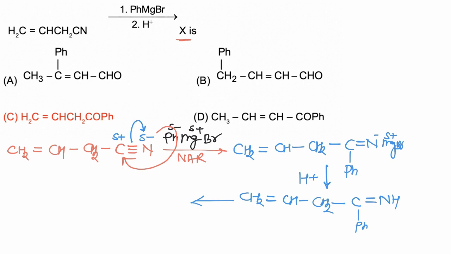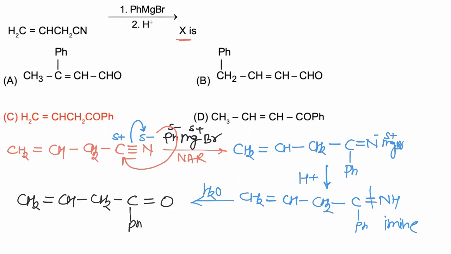Now this molecule is an imine, and the reaction is taking place in aqueous medium. Imine on hydrolysis forms a carbonyl compound. So finally it will be converted to CH2=CH-CH2-C(=O)-Ph, and hence the correct answer is C.